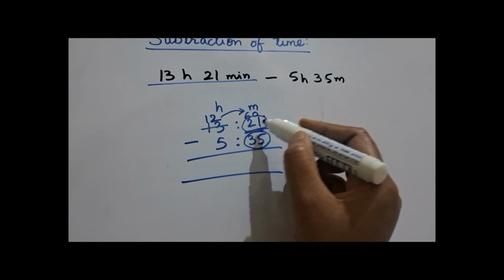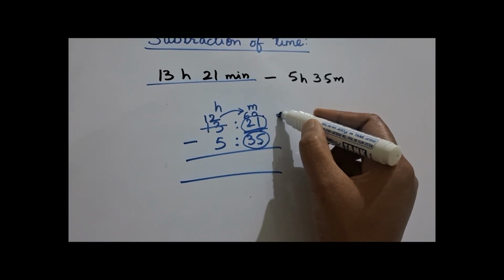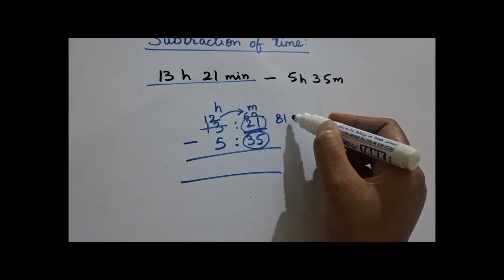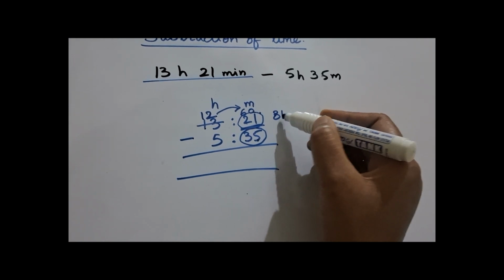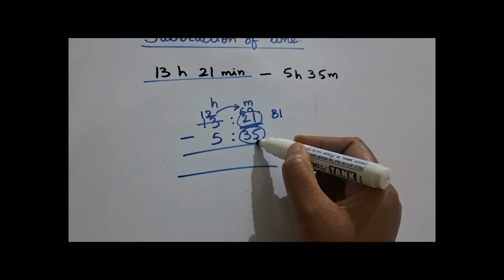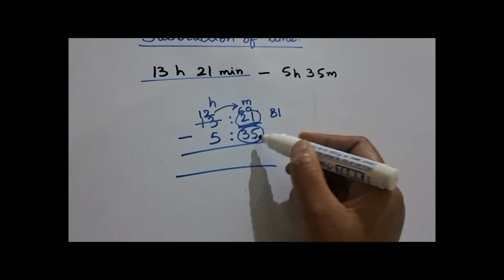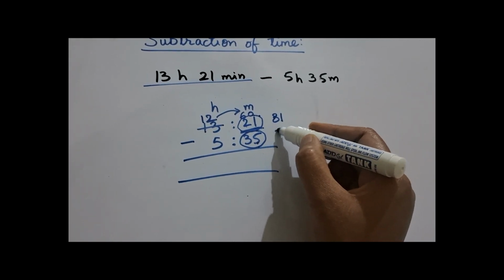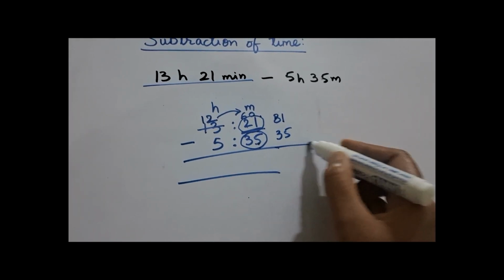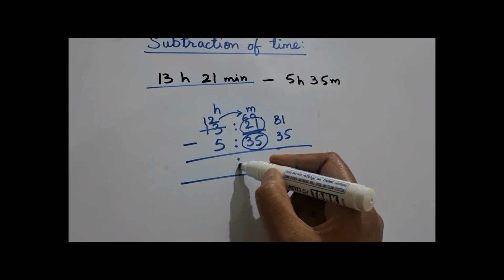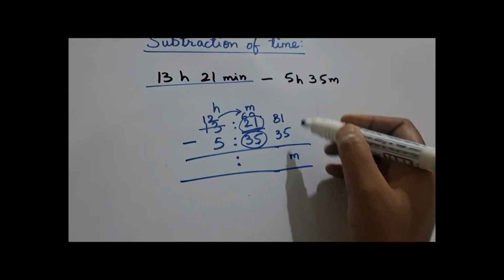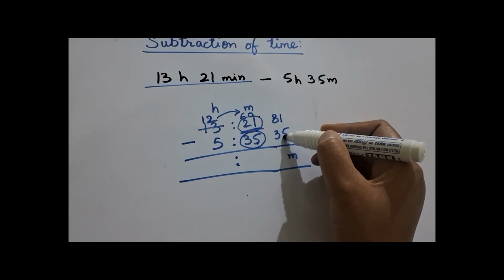So 60 plus 21, how much? 81 minutes. Now from this 81 minutes you need to subtract 35 minutes. Okay, so this one again I will write here. What are the minutes here? 81 minus 35.